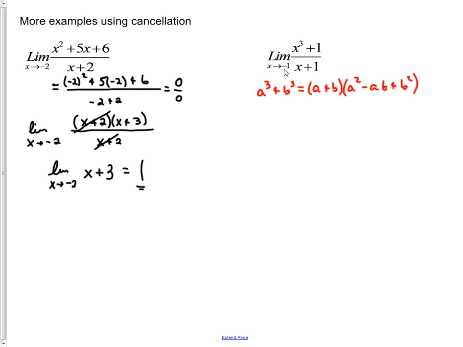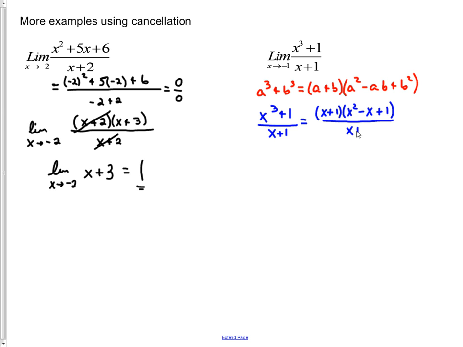So making the correct substitutions right here, we could say, well, our quantity x cubed plus 1 divided by x plus 1 is exactly the same as the quantity x plus 1 times x squared minus x plus 1 divided by x plus 1.